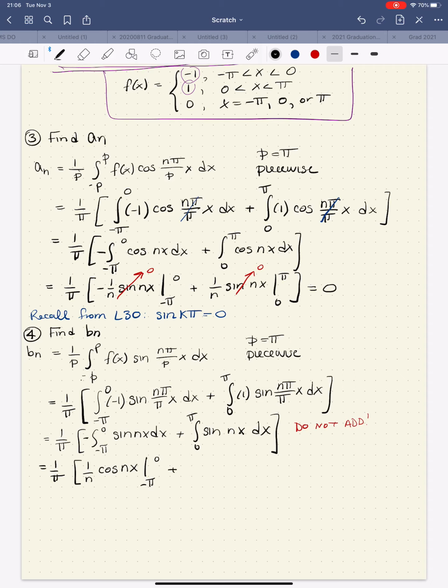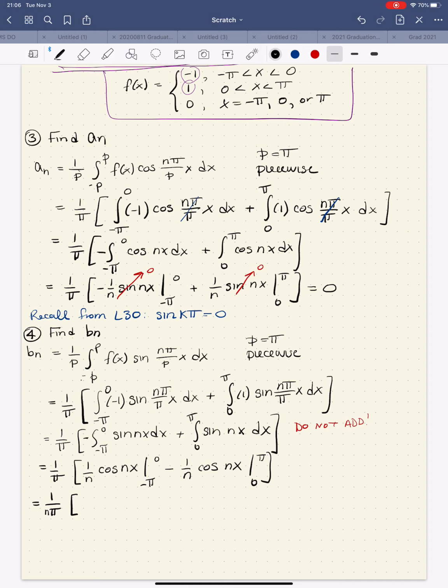Plus, and then we have a negative here because the integral of sine is negative cosine, negative 1 over n cosine of nx evaluated from 0 to pi. Now you probably have already figured out that this is not just going to give us 0. So I'm going to pull out a 1 over n to make this a little bit cleaner. So 1 over n pi.